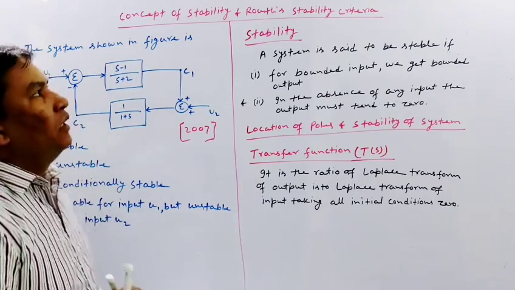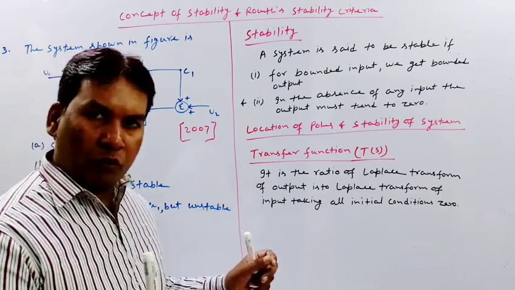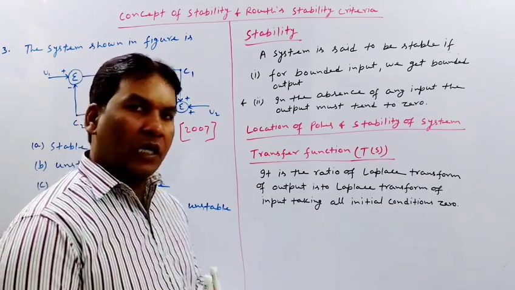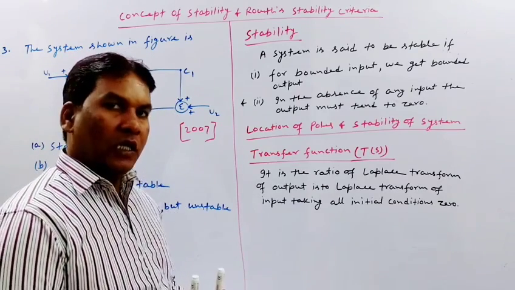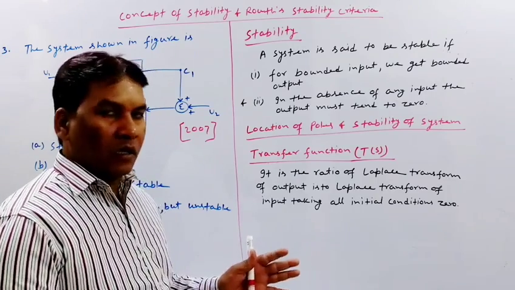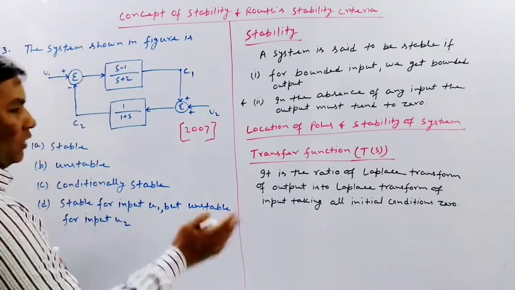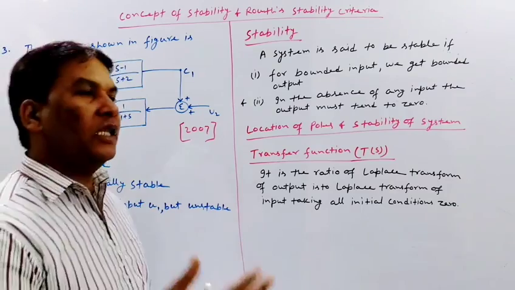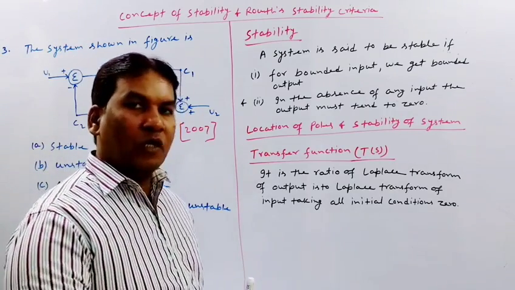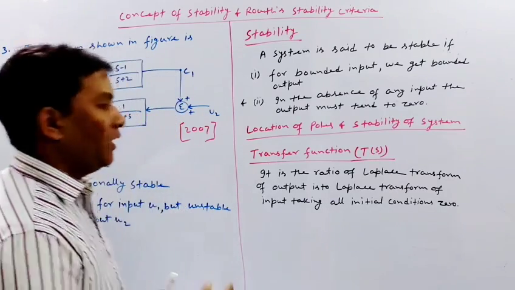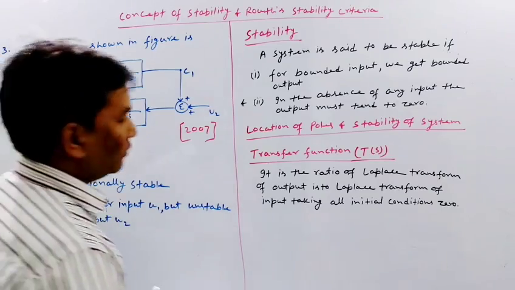If there is some current flowing through an inductor, then we say there is some initial condition in the inductor. So these are called initial conditions. Means initially it is not at rest, not at zero, it is having some value.